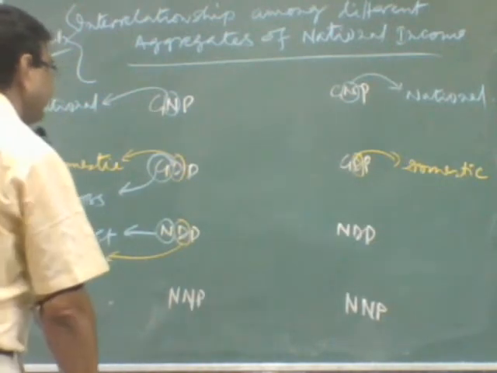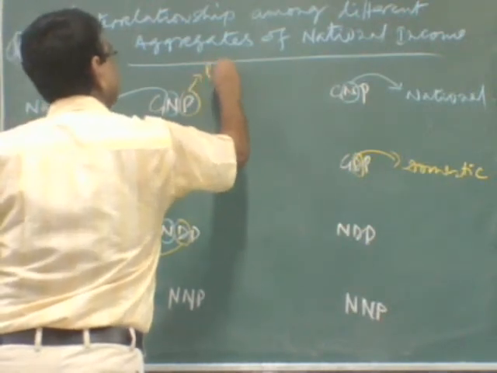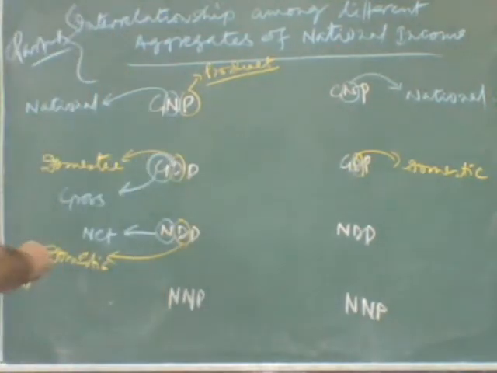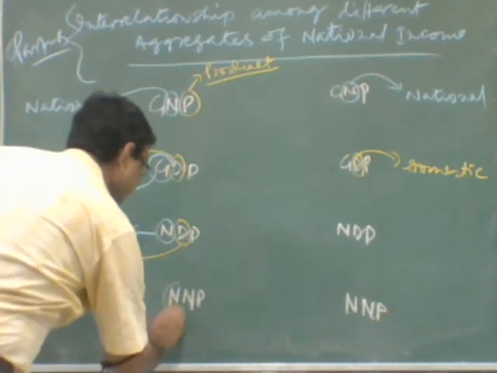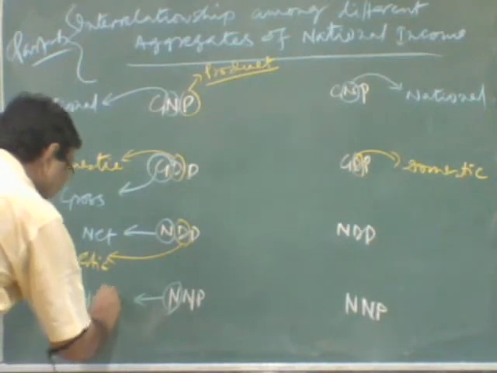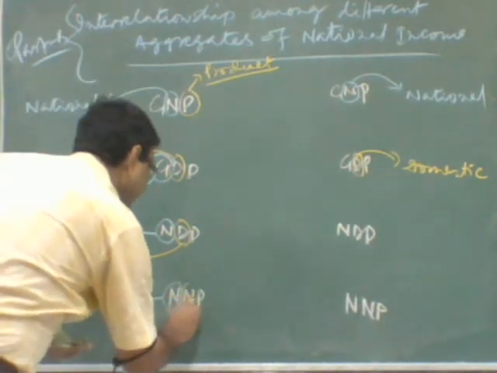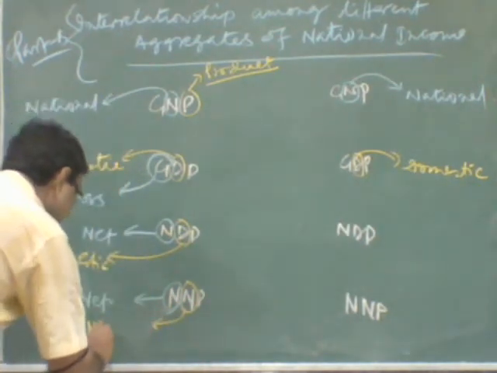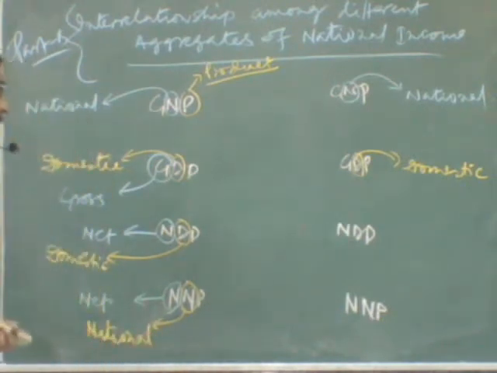And P for product. P is always product. Here, first N for net, and second N for national.